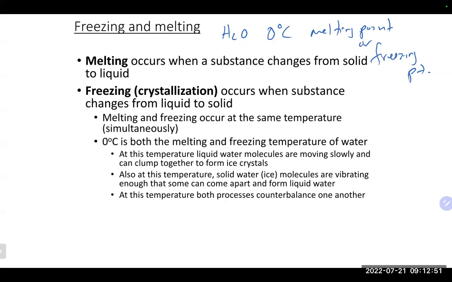And freezing occurs when they release enough energy that they clump together and they no longer can pass one another. Once again, this process does occur at the exact same temperature. And really at that temperature, much like what we see with liquid and gas, you have both phases there at the same time.